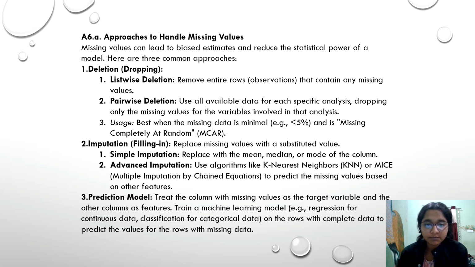Imputation, or filling in: replace missing values with a substitute value, using simple imputation or advanced imputation. Prediction model: treat the column with missing values as the target variable, using regression for continuous data and classification for categorical data, on the rows with complete data to predict the values of the rows with missing data.